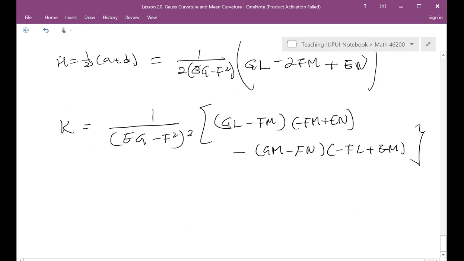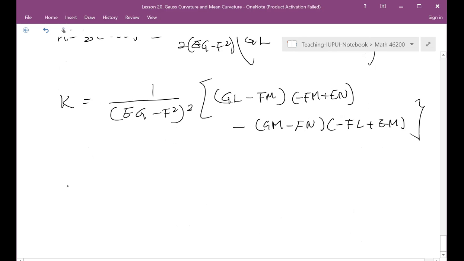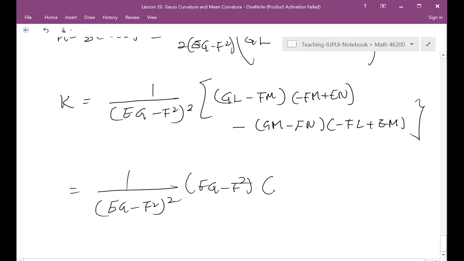And you do the computation, and it turns out to be LN minus M squared over EG minus F squared. You can verify this. So these two will be canceled out.